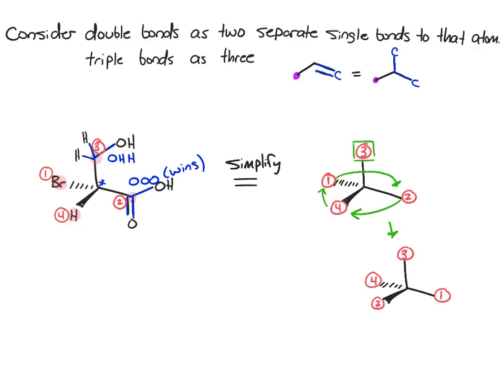Now just draw your curved arrows. This goes around to the right, which tells us an R configuration, and that's the configuration of the original molecule. Now again, this one probably would have been easier just to use the trick. So hydrogen or priority 4 is out, so we would go from 1 to 2 to 3. It looks like S, but since priority 4 is out, it's actually R.